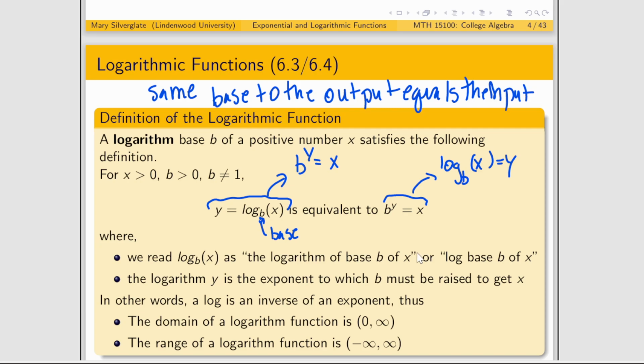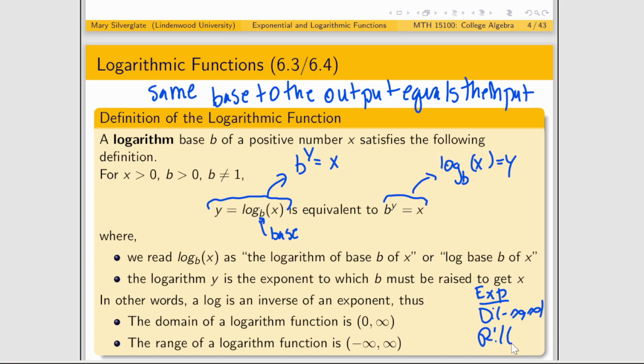And the fact that these guys are inverses really tells us a lot about the domain and range of a log, because it's not something I could think of super easily, since whatever is inside the log, you're asking yourself, this base to what power will give me what's here on the inside, and that gives you the result. But if I know how exponents work, the domain of an exponent is all real numbers.